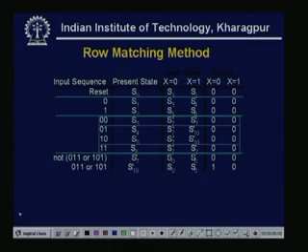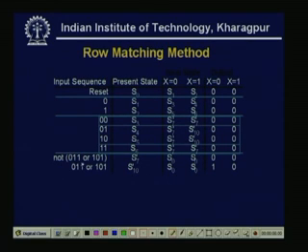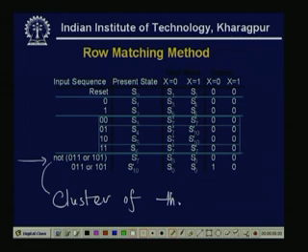That is why it is written as not 0 1 1 or 1 0 1, meaning two clusters of 3 different present states.